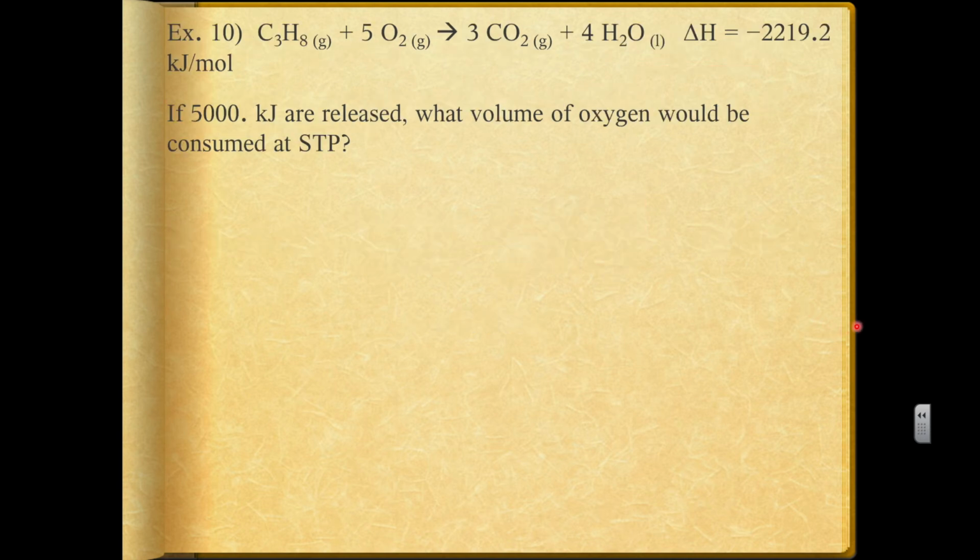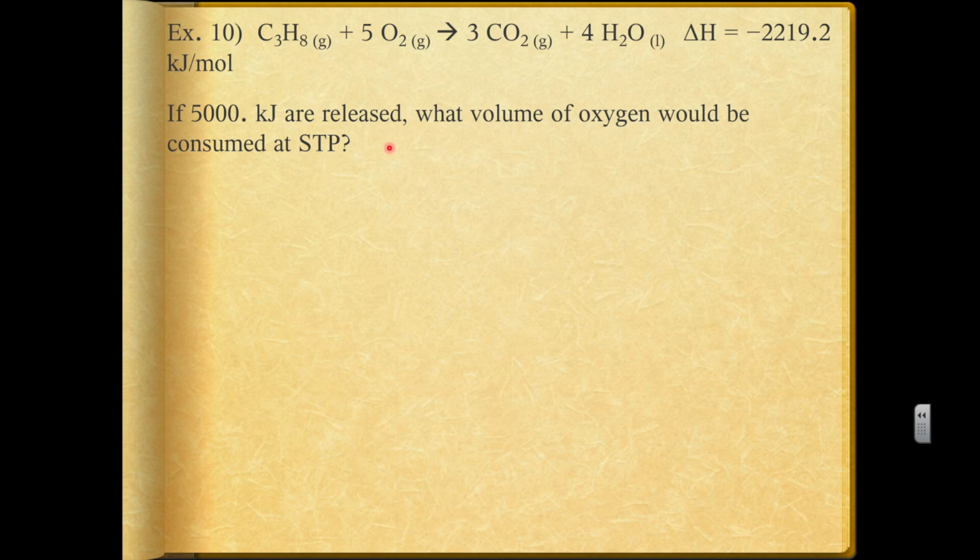So let's try another one. We have propane, C3H8, plus oxygen yields CO2 and water. I'm not going to do the coefficients. Delta H is going to be negative 2,219.2 kilojoules per mole. If 5,000 kilojoules are released, what volume of oxygen would be consumed at STP?